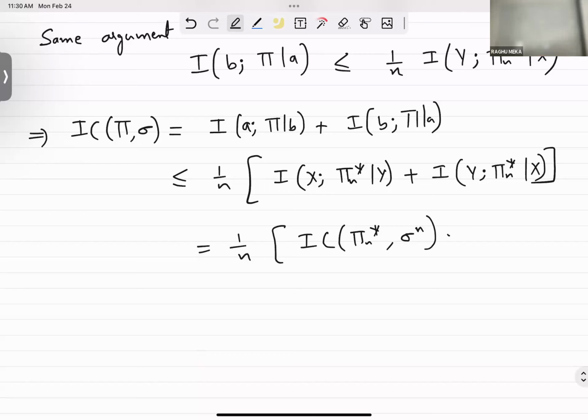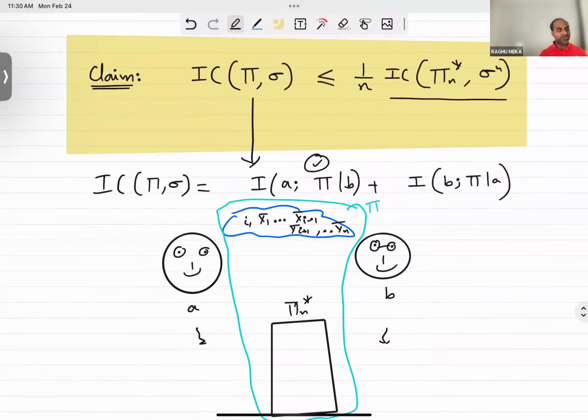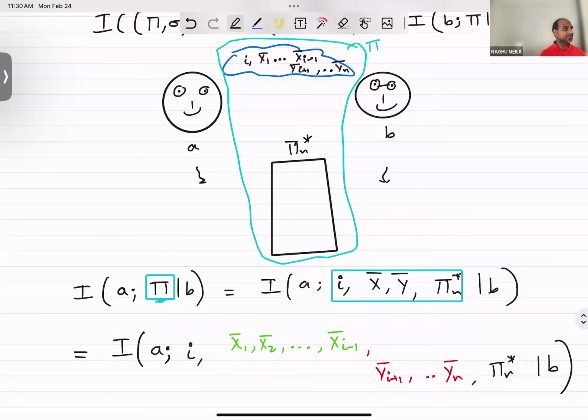Okay. So which is what we wanted. The information cost of the protocol that we designed is 1 over n times the cost of pi n star. Okay. So after we had this clever protocol, everything else was basically falling through the definitions and applying chain rule. Okay.